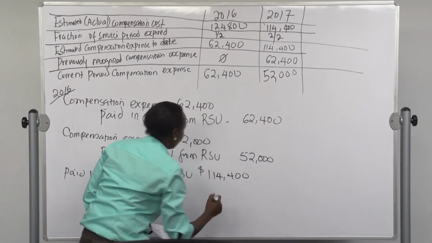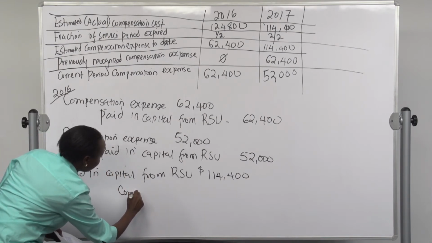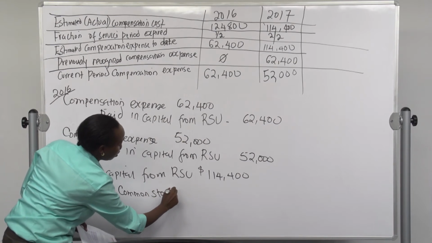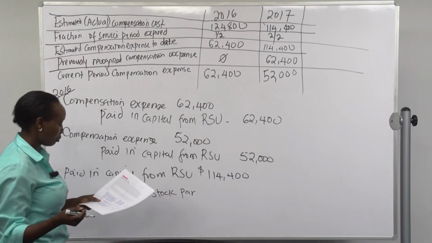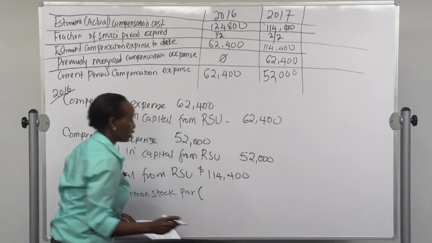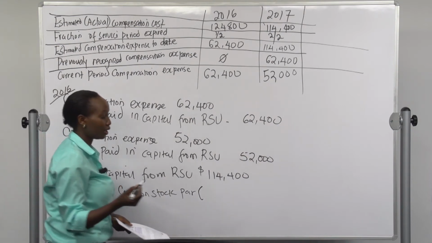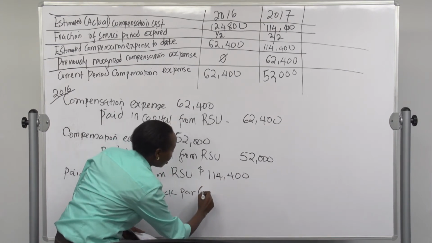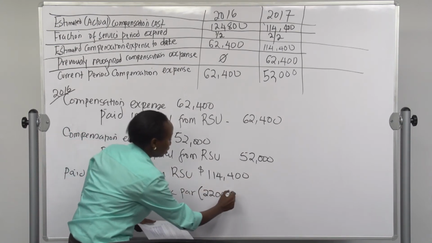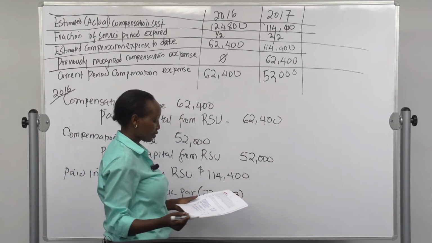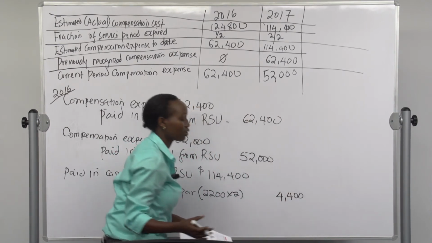That is $114,400, and we're going to put the par value in common stock. Common stock par will be $2 times the number of shares. It was 200 for each employee, and 11 of them vested, so we have 2,200 shares. The par value is $2, which gives us 4,400 for the common stock par.